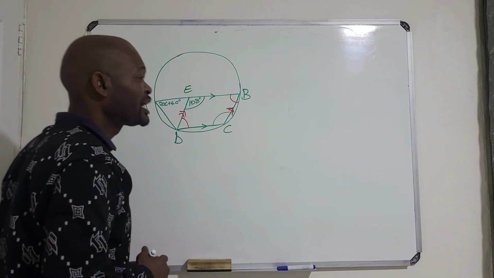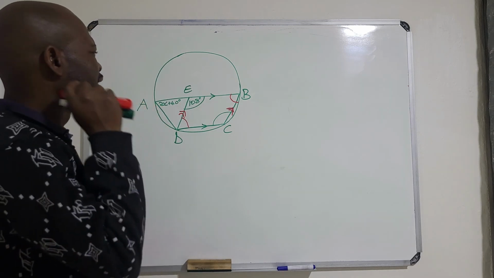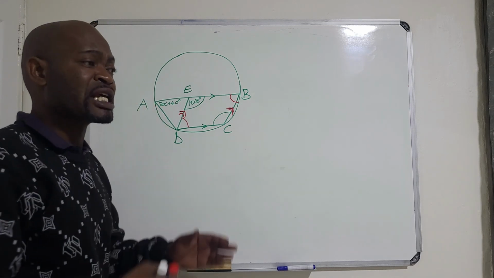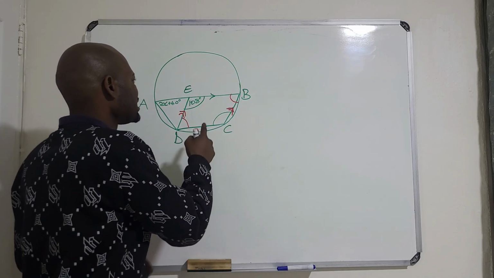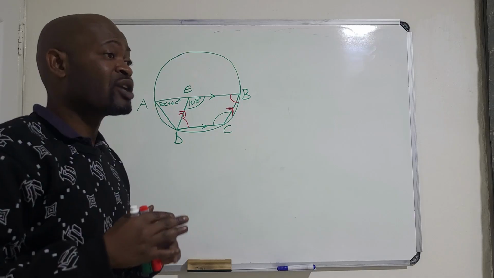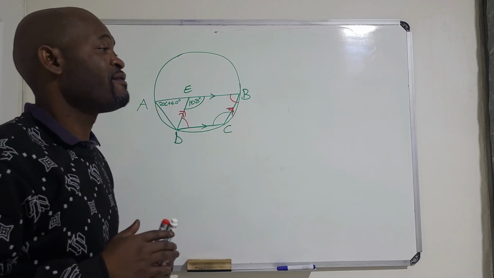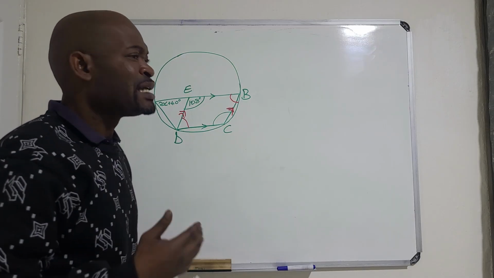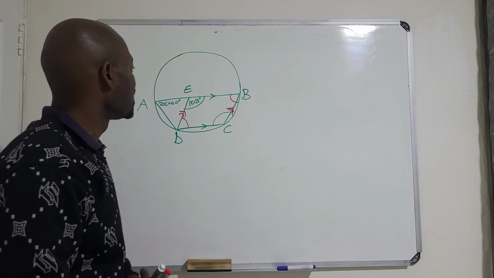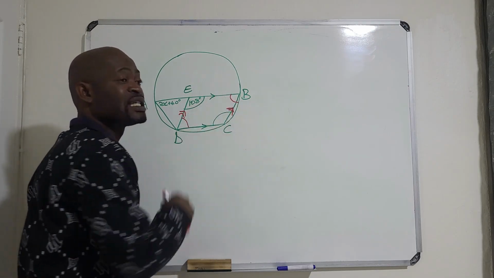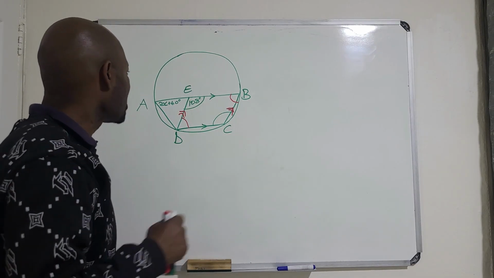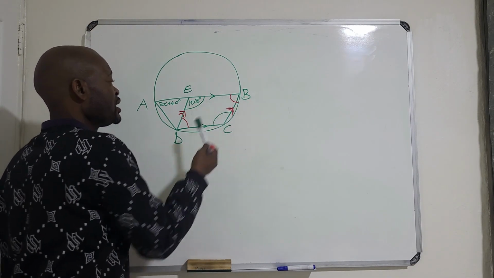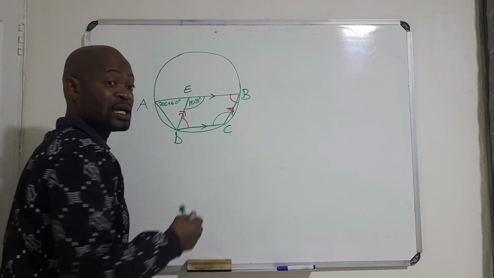Now, cyclic chords. In this problem, we are not given that ADCB is a cyclic chord. We are not given, but somehow we are told that ABCD is a cyclic chord. How is that? Since we are told that AB and DC are chords.